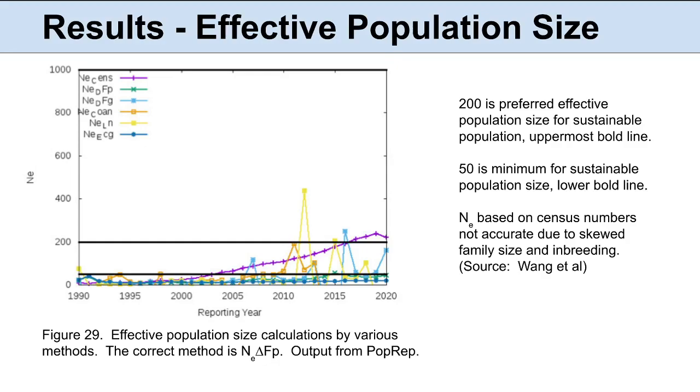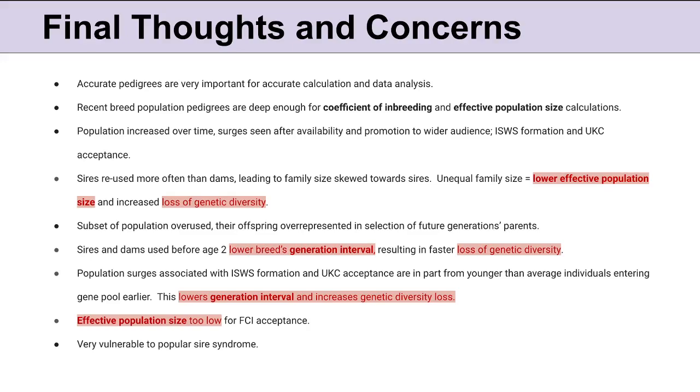In particular, the purple line on this graph, the census effective population size, is skewed due to family size and inbreeding within our population. And that is all of the raw data that I have to present.